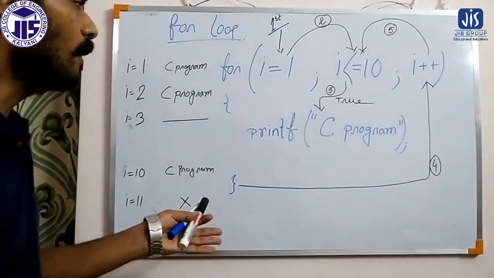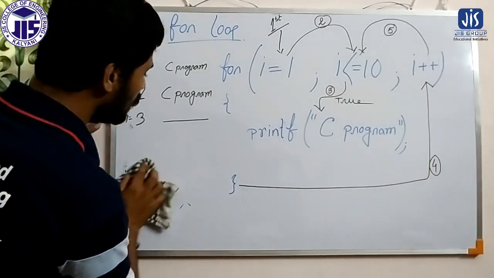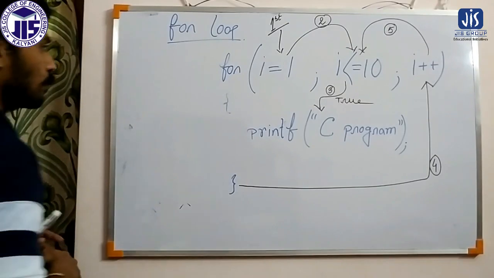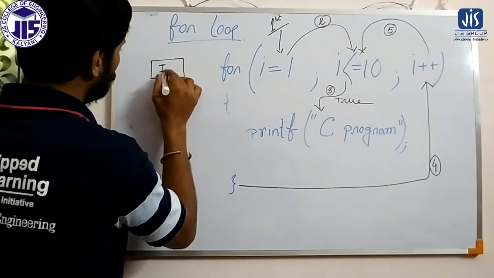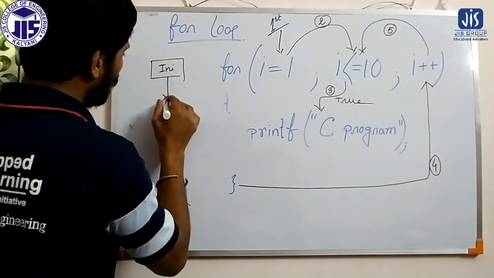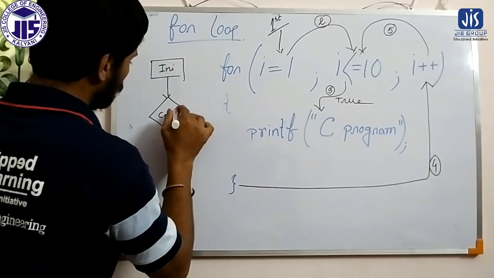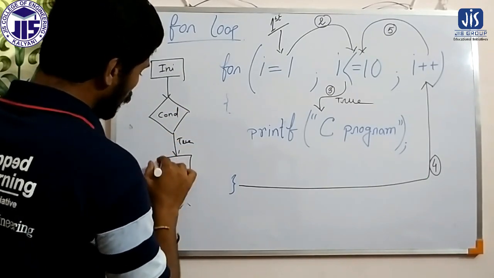So basically, if we draw the flowchart of the for loop, it will be exactly similar to the entry control loop. Initialization, then we check the condition. If true, then the body will be executed.